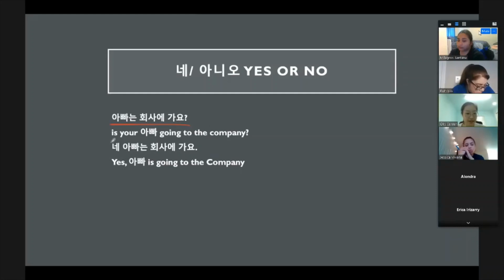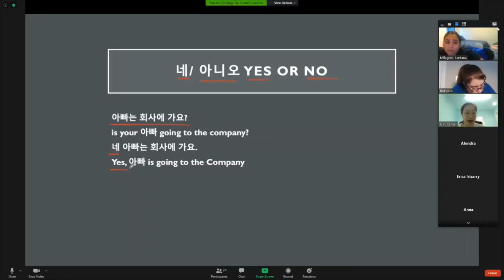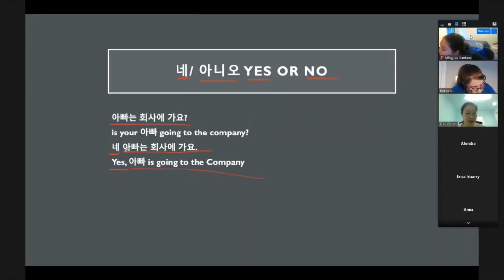And then 네 means yes. 아니요 means no. So whenever they ask you, is your father going to the company? Then you have to answer. So you say yes, 네. Dad is going to the company. 아빠는 회사에 가요.